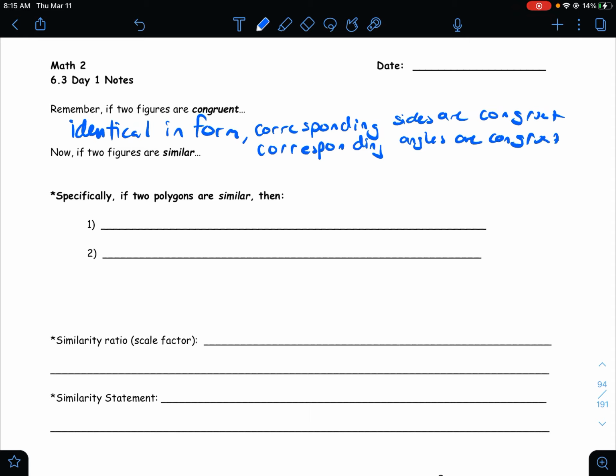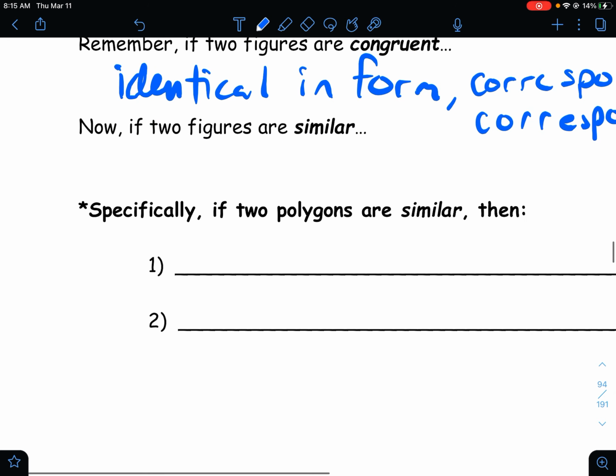Now let's talk about what similar means. If two figures are similar, they are the same shape, but different size.